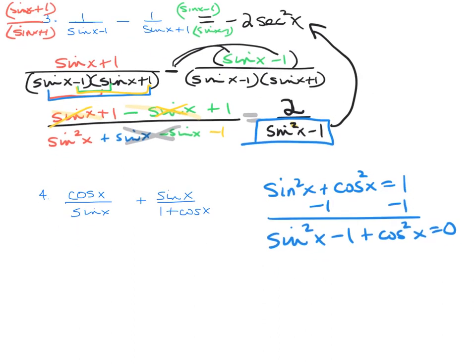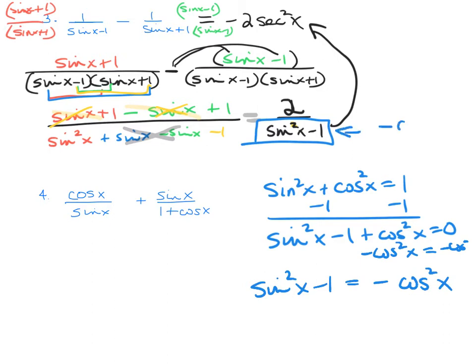Then I'm going to move the cosine over. So then I get sine squared x minus 1 equals negative cosine squared x. So what I'm going to replace here in the denominator is going to be negative cosine squared x.